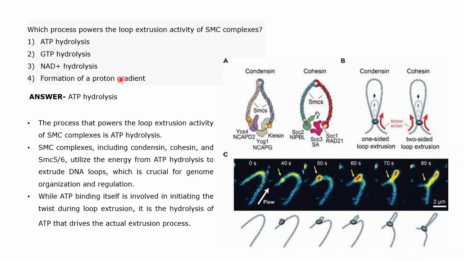So that acts as a motor protein that helps in the formation of ATP. In that case, ATP generation is taking place, not ATP hydrolysis. In order to power the loop extrusion activity, ATP hydrolysis needs to take place. So I hope I am clear. Does anyone have any doubt?